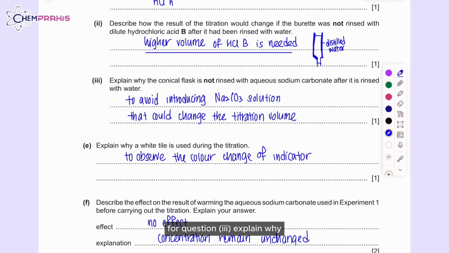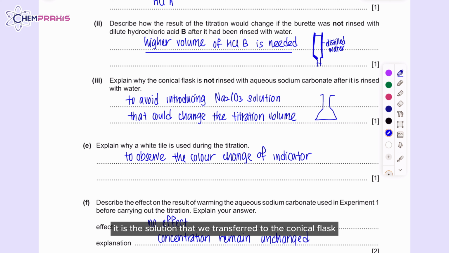For question Roman 3, explain why the conical flask is not rinsed with aqueous sodium carbonate after it is rinsed with water. Because sodium carbonate is the solution that we transfer to the conical flask. Let's say if you rinse with sodium carbonate and you do not dry the conical flask properly, you may have the sodium carbonate in extra volume.